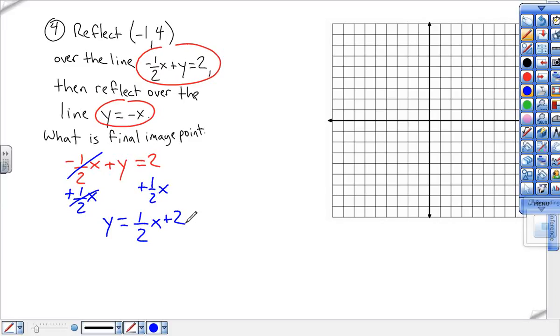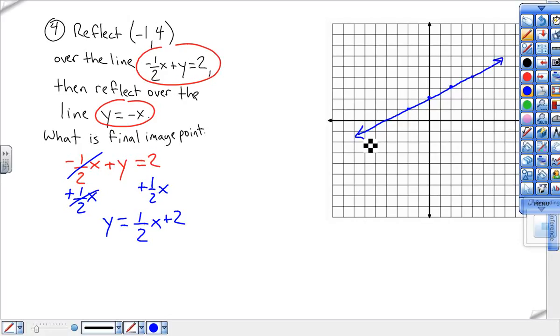That will be this line in blue, over 2, up 1. Be able to stair step both directions. Draw my line best I can.